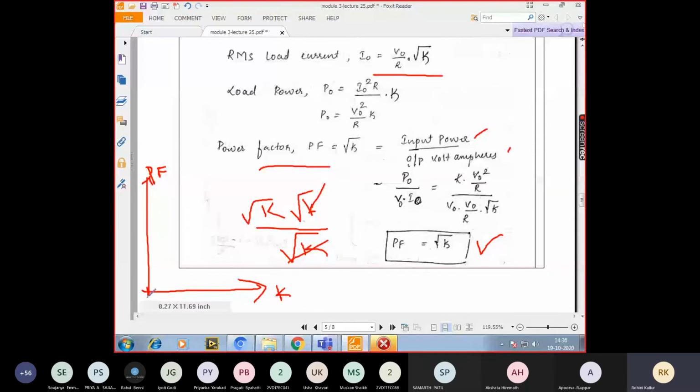So I'll write the values here as 0, 0.1, 0.2, 0.3, 0.4, 0.5, and so on till 1. And this side also the value varies. You just go on changing the value of K. Say let the value be 0.1, you'll get some value, mark that on the graph. Then 0.2, mark that value, 0.3, 0.4, 0.5. So you will be getting an exponential curve, which is the variation of K with respect to power factor.